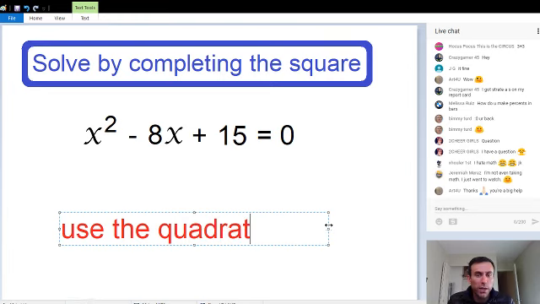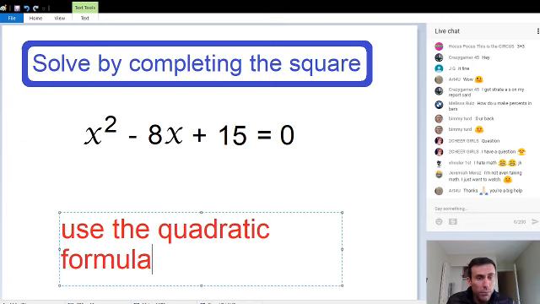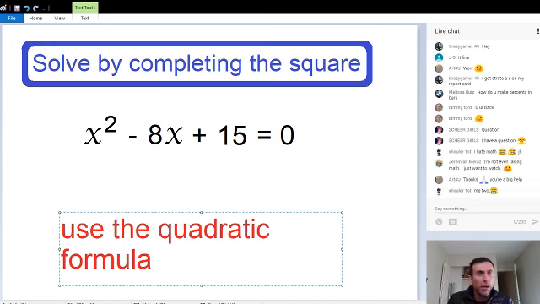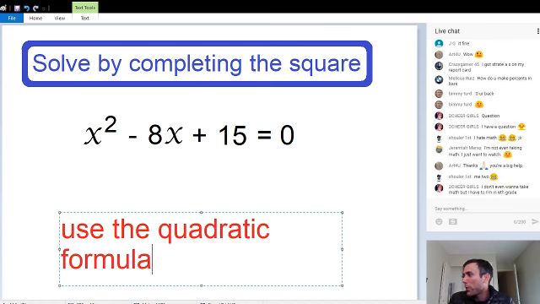Use the quadratic formula anytime you need to solve a quadratic equation, or you could use factoring. Factoring is even quicker than using the quadratic formula. Only use completing the square if the directions tell you that you have to use this method. Otherwise, use other methods that are much quicker and much shorter.